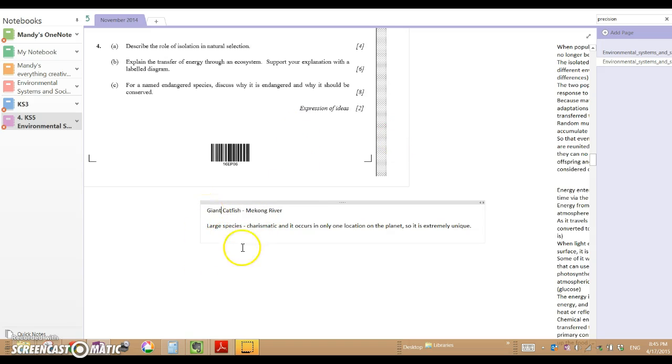I don't know if it is the barbelled catfish, that one that went extinct. So, giant catfish, Mekong River. It's charismatic. It's unique. It has also been an important source of food for villages along the Mekong.